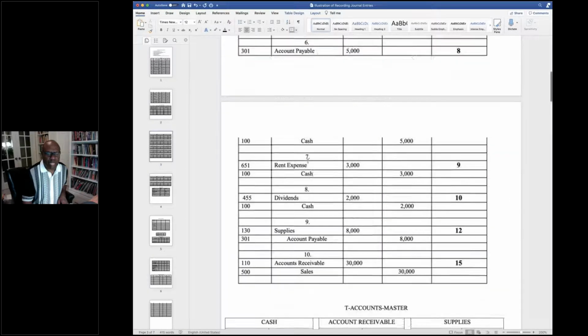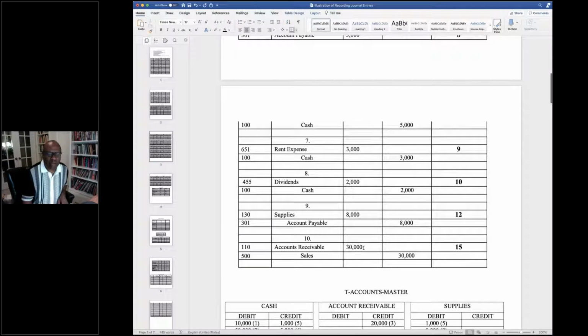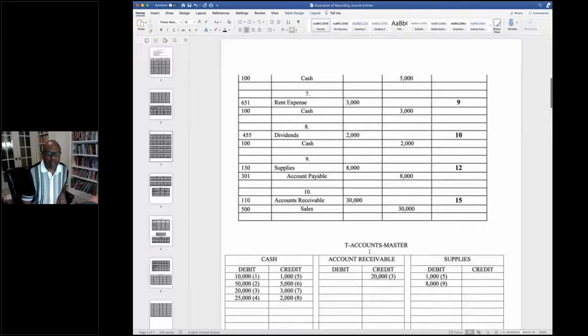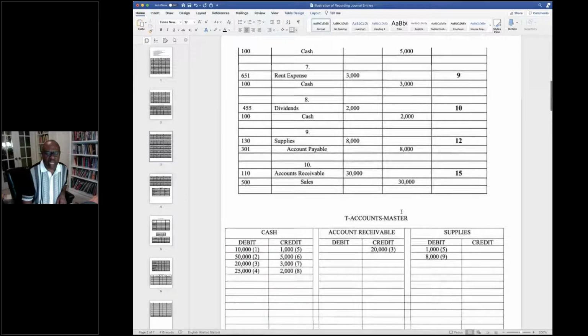Our final transaction was a sale on account where we did the work, we provided the service, and we had not been paid at that time. And so in this transaction, we debited accounts receivable $30,000 and credited sales. So we're going to come now to accounts receivable, and we're going to debit it for $30,000.